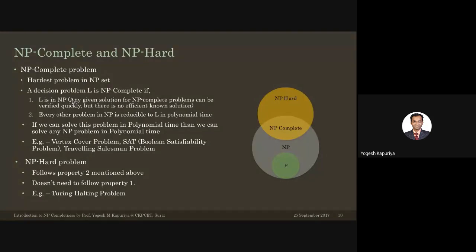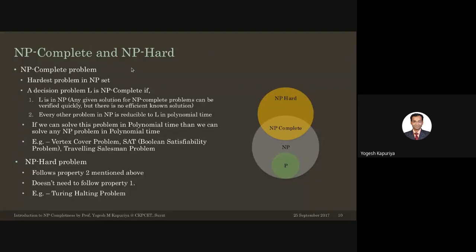And the second condition is that every other problem in NP is reducible to L in polynomial time. That means there is always a guarantee that all other problems in this NP class are reducible to the NP complete problem. If your L falls under this category, then it is called an NP complete problem.